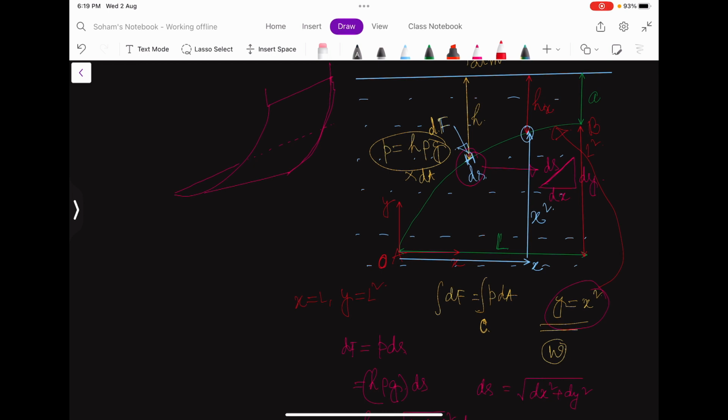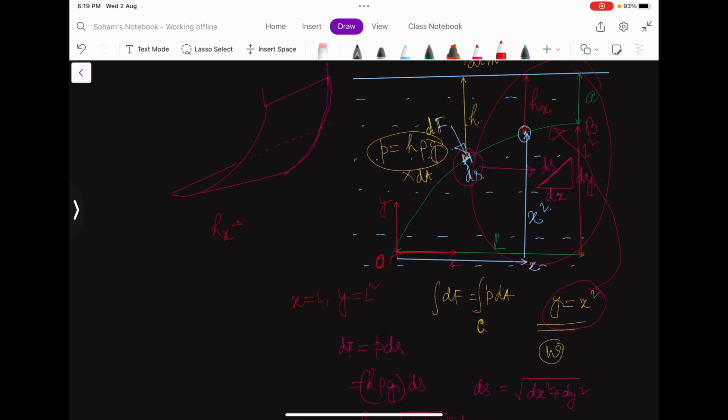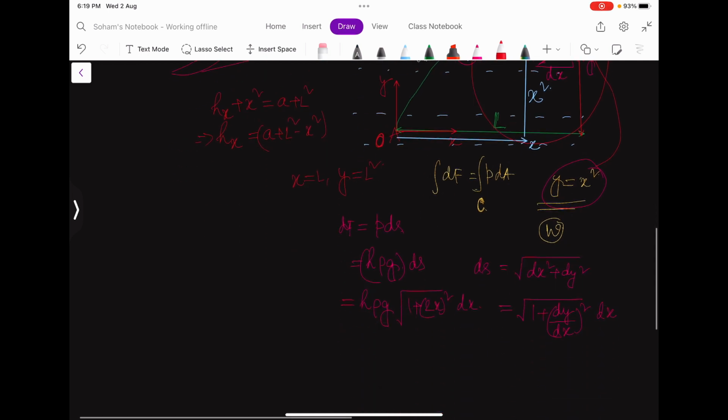I think you can. Just see from this geometry that hx plus x square is equal to a plus l square. That means hx is equal to a plus l square minus x square, right?